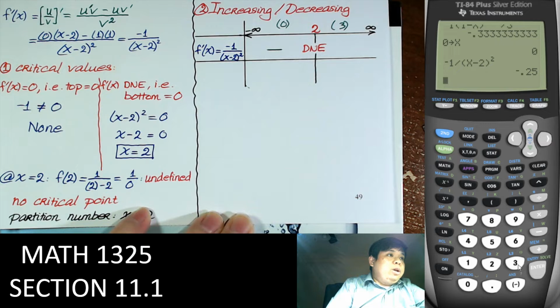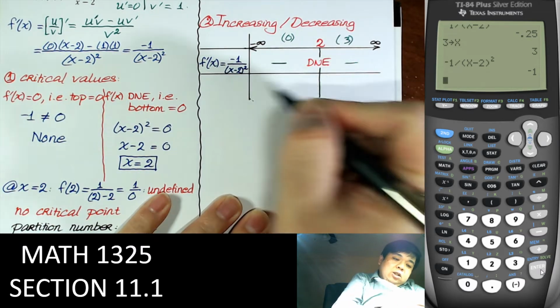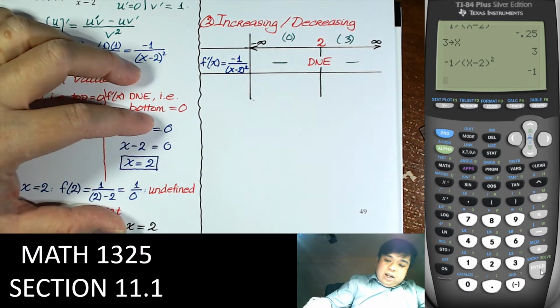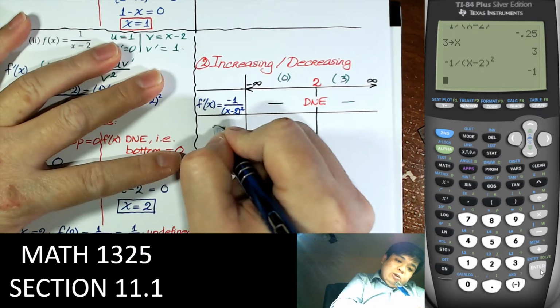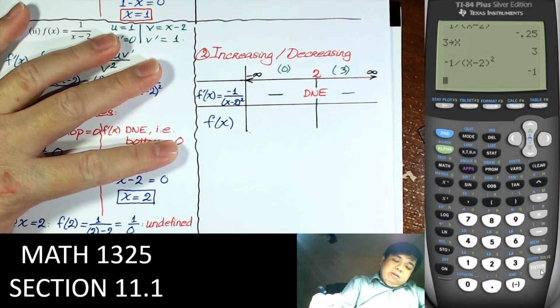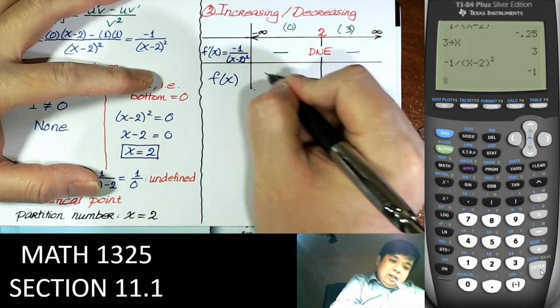And then we put 3 in for x. And that is also negative. So if that is the case, we might want to put a function row here. The derivative is negative, so the function is decreasing, and then decreasing.